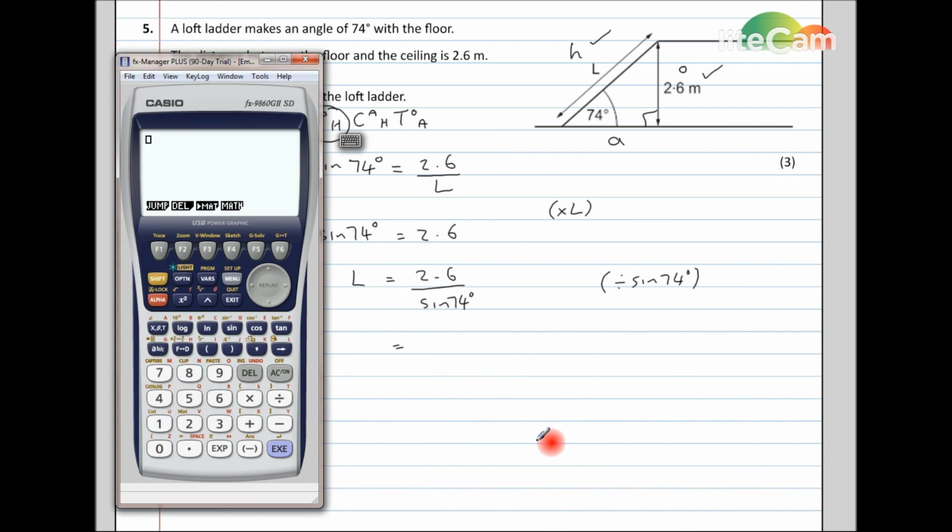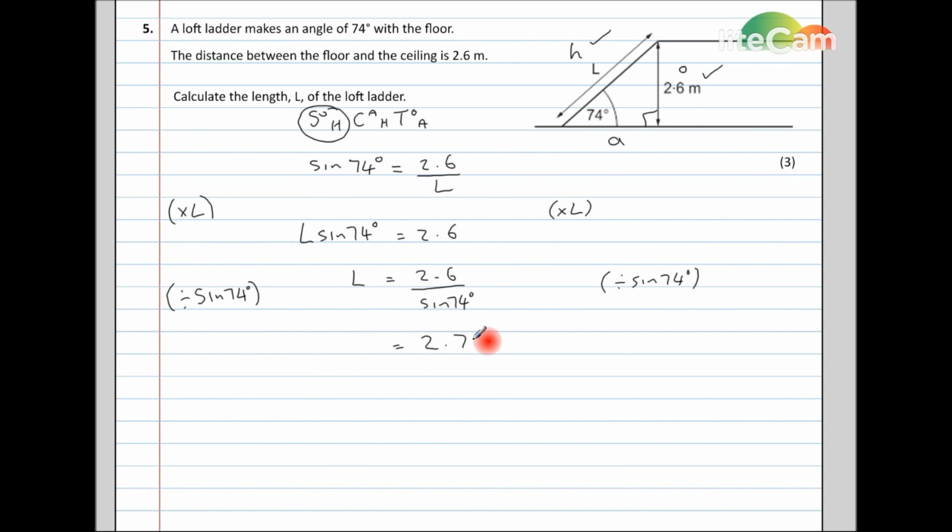If we put that into our calculator, we get 2.70 centimeters to 3 significant figures.